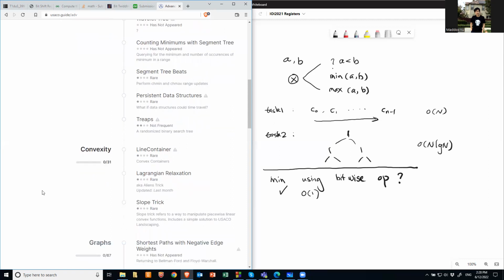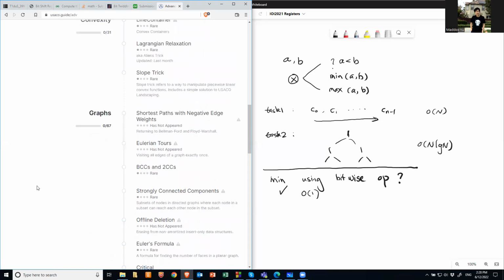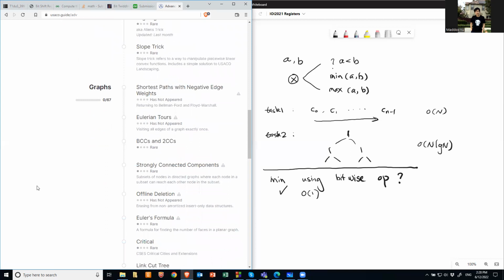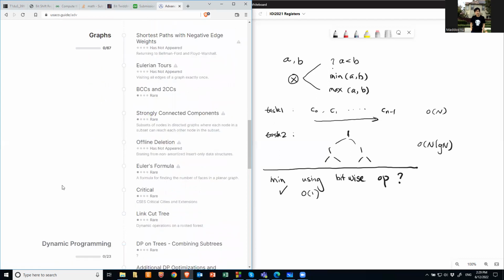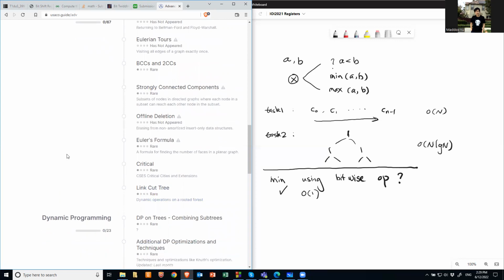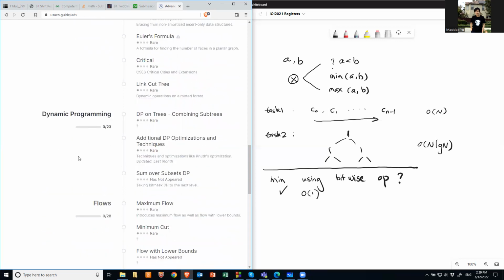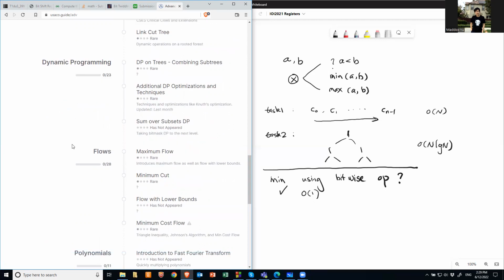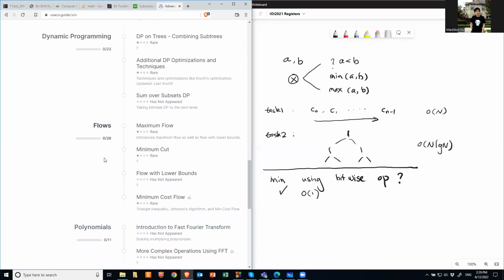Then the convex hull kind of problem, right? And the slope trick. Then a bunch of graph topics: Euler tours, BCCs, strongly connected components, deletions, Euler formula. Remember there was a Euler formula problem, and there's a link-cut tree problem. Then a little bit more about dynamic trees, dynamic programming, and then flows.